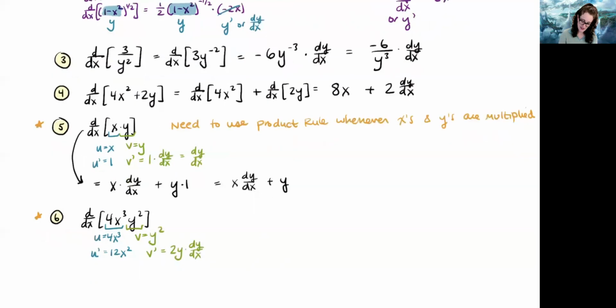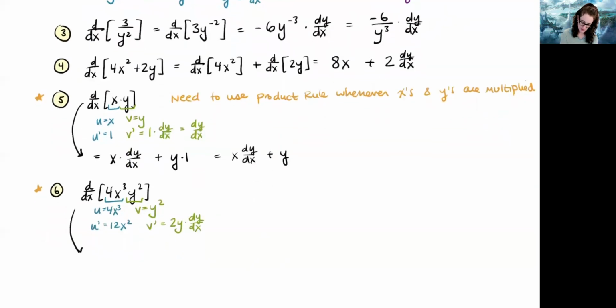Now, piecing this together into the product rule, we will get 4x cubed times 2y dy dx. That's u times v prime. Then we add v, y squared, times u prime, which will be 12x to the second.